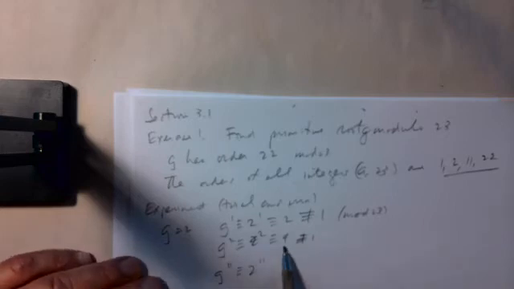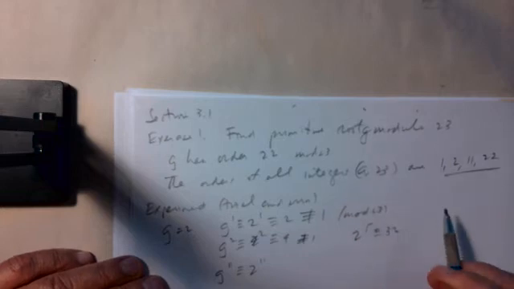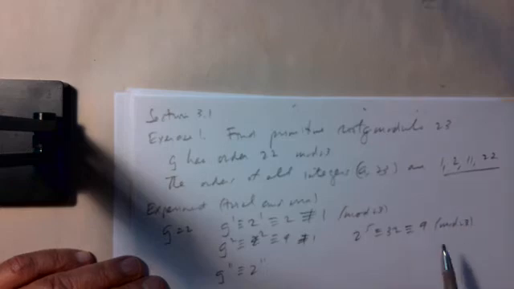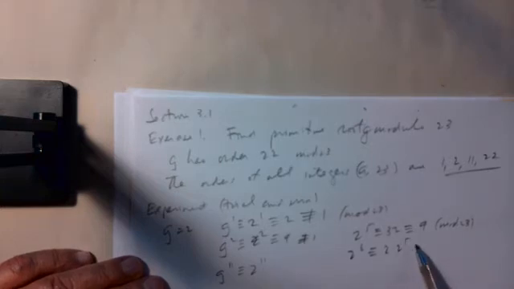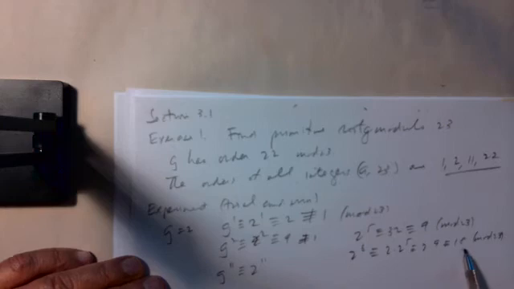I know that 2 to the 5th is 32, which is congruent to 9 mod 23. 2 to the 6th is 2 times 2 to the 5th, which is 2 times 9, which is 18 mod 23. 18 is actually the same as minus 5 mod 23. So 2 to the 11th is the same as 2 to the 5th times 2 to the 6th.